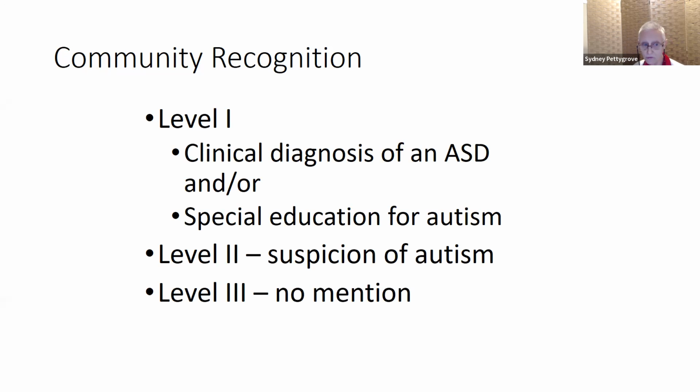And level 3 was possible in the old protocol, but is no longer possible in the new protocol, which is to have children that we agree are cases that have absolutely no mention of autism in their records at all.